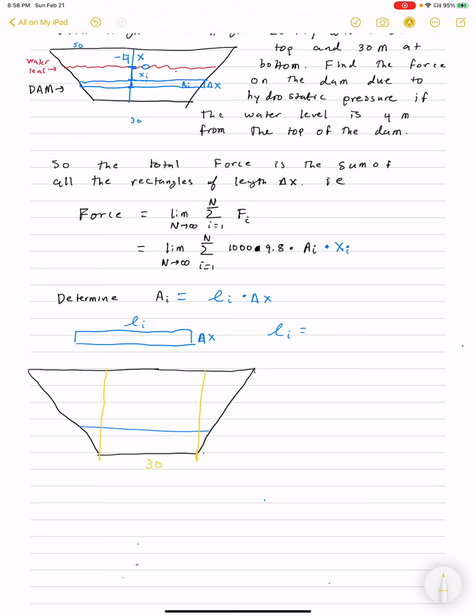So I think L is going to have 30 right here, right?